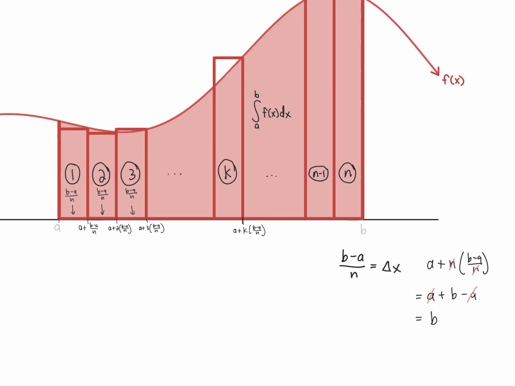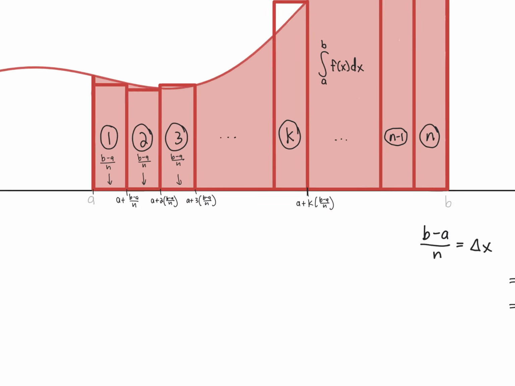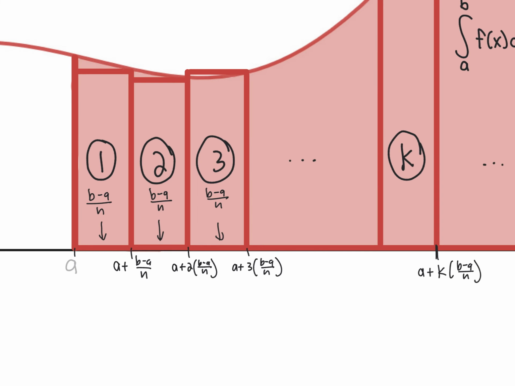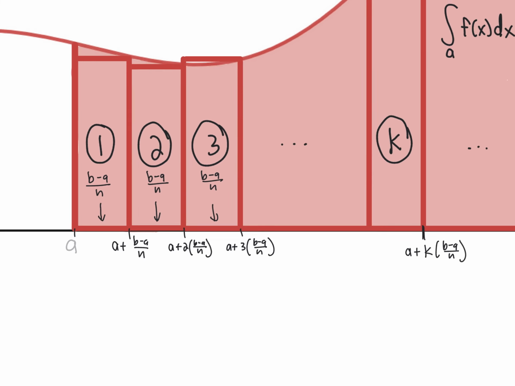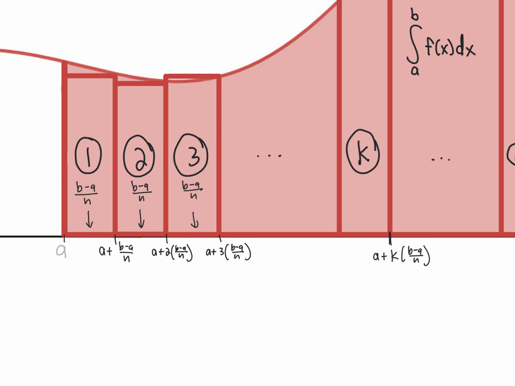Okay, so let's start adding these areas up like we need to. Next thing is to think about the area. Let's look at the area of the first rectangle. So we're going to use the height. Here's this subinterval down here.